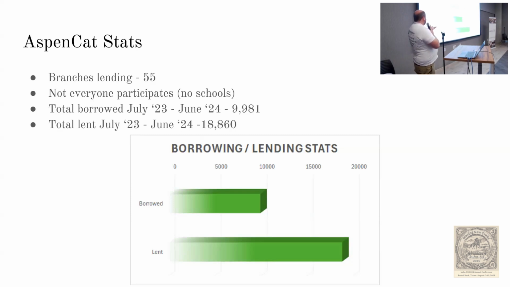But I was interested in learning how much more these small libraries are sending out than they are borrowing, which I don't think anybody before this presentation had thought to look at the statistics of.